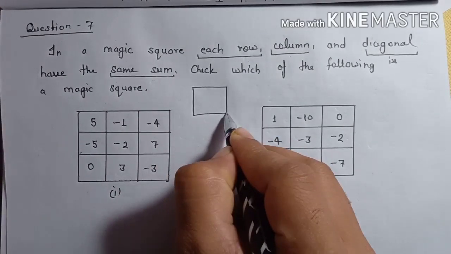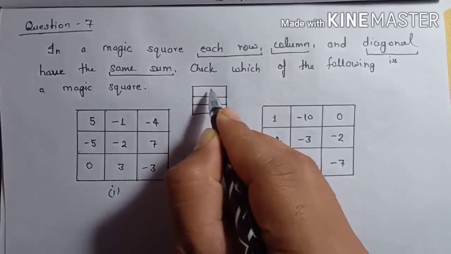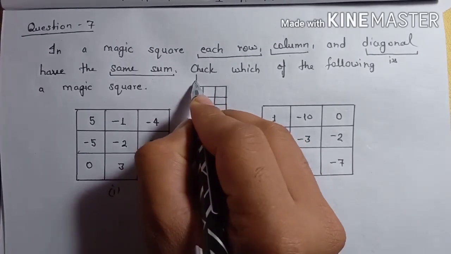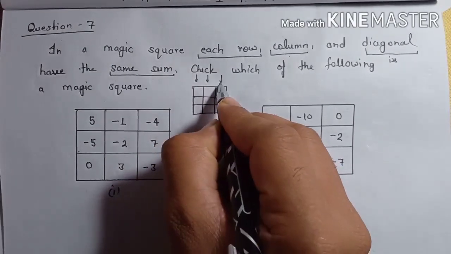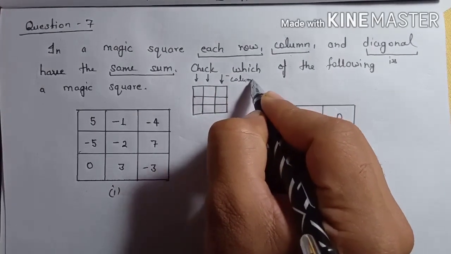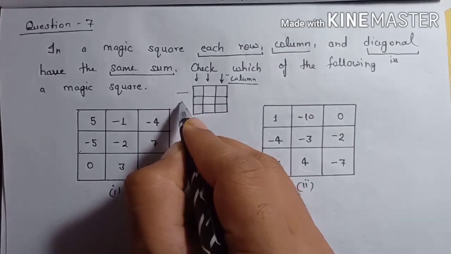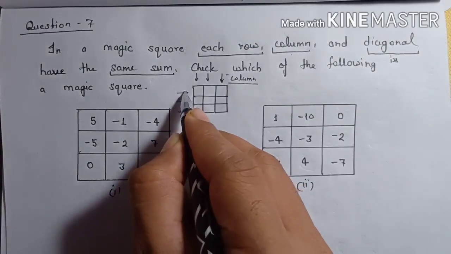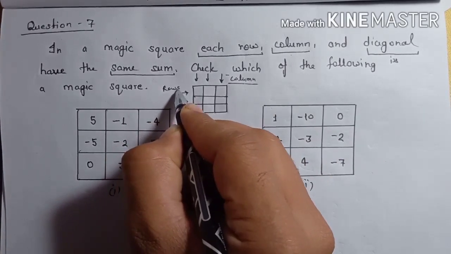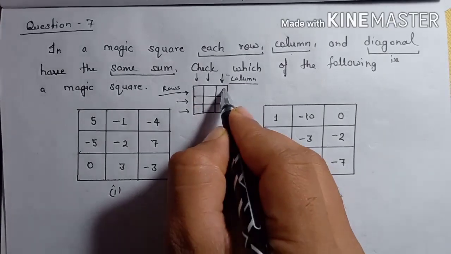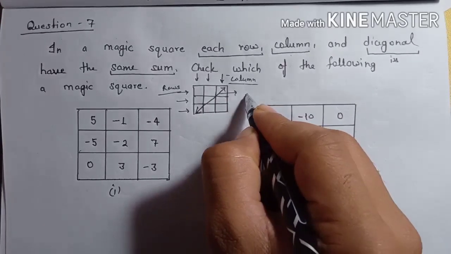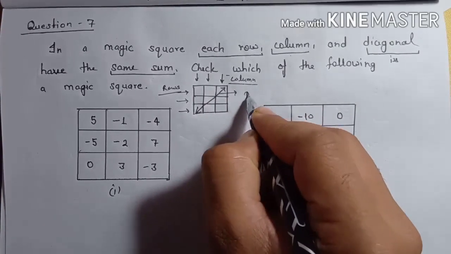This is a square. All vertical lines here are columns, and these horizontal lines are rows here, and this line is called a diagonal here.